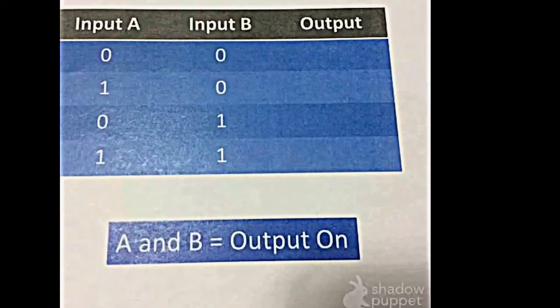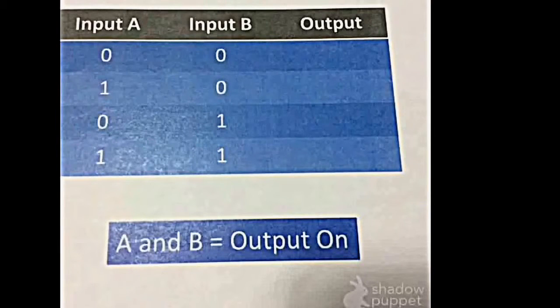Pause the video and think about that, and then reopen the video and see if you're right. Okay, I think you have paused the video, and if you have seen the correct answer, it is off. You don't get anything, because AND gates only work when two things are on.